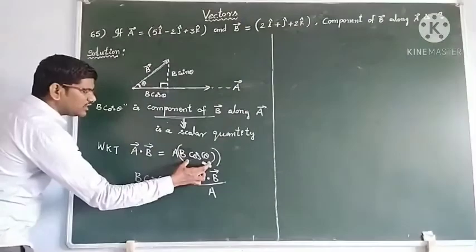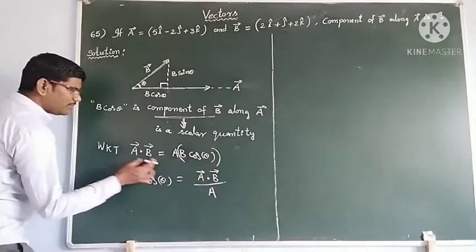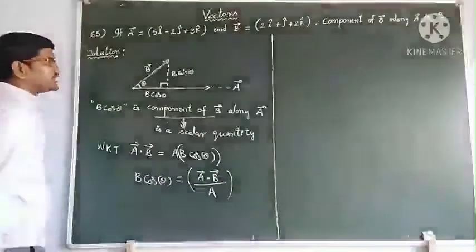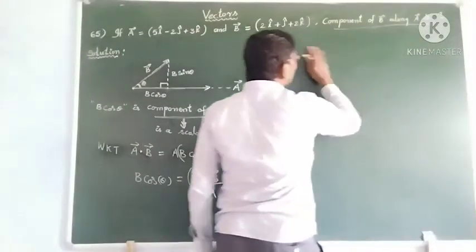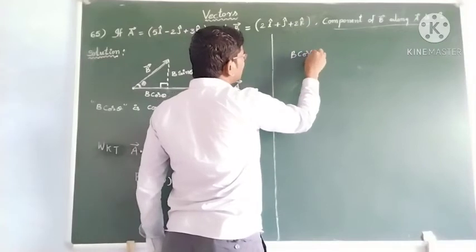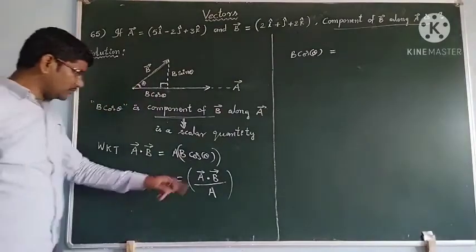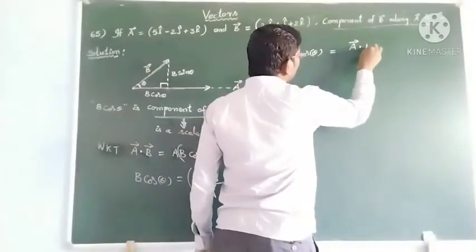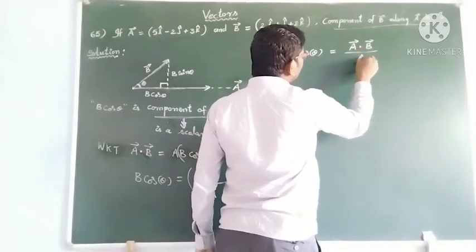That is called the component of b bar along a bar, which is equal to a bar dot b bar by the magnitude of a.